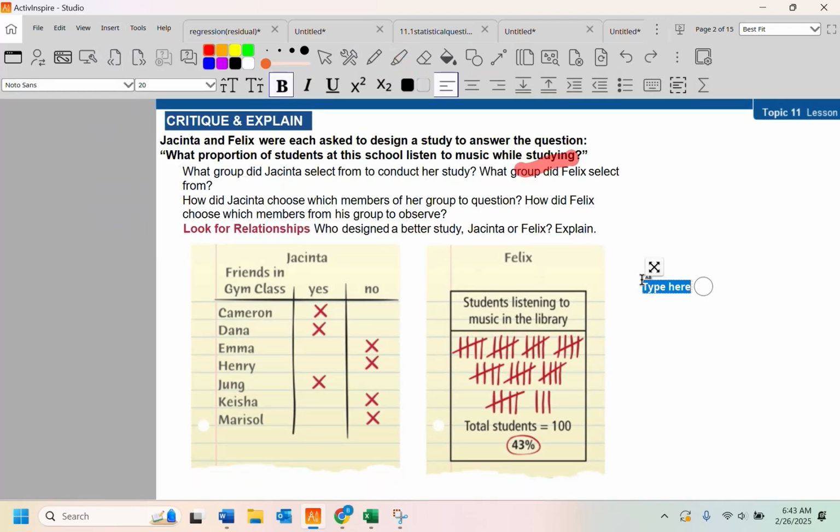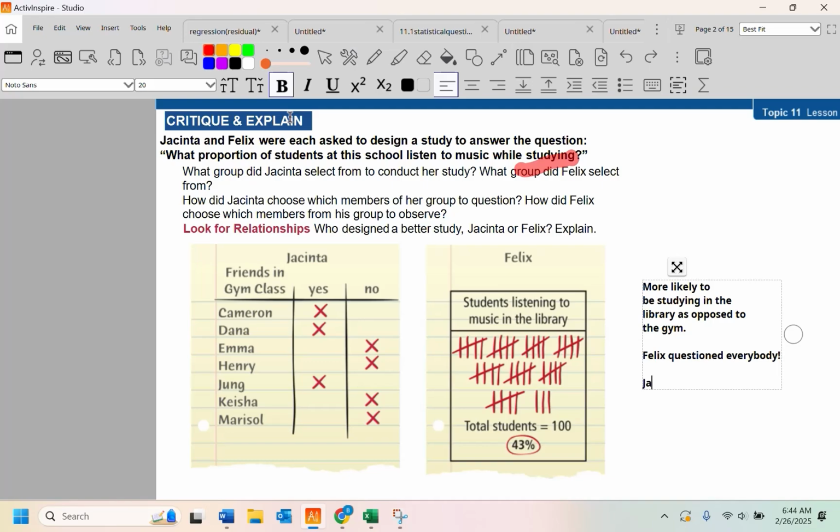But the truth is, you are more likely to be studying in the library as opposed to the gym. And there's other things, it looks like Felix questioned everybody. There was 100 people.